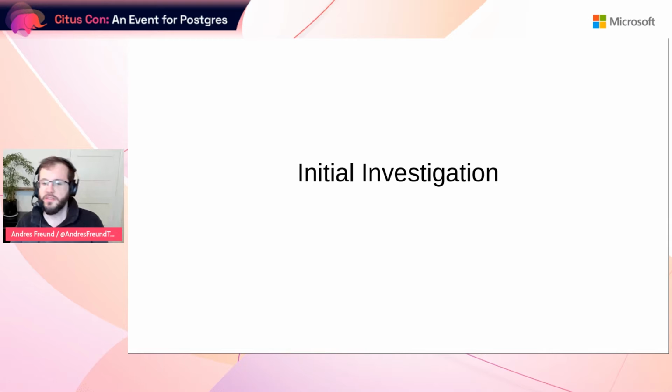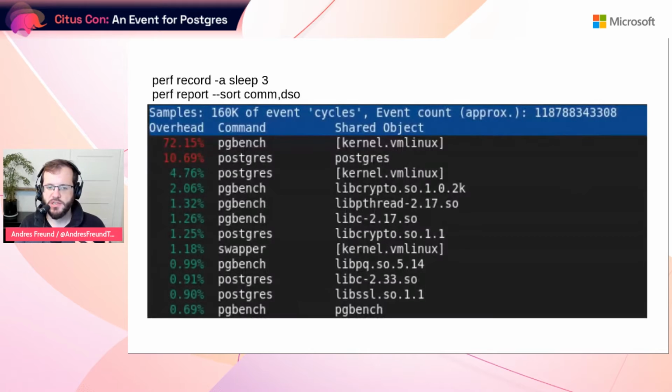Let's assume, and this is based on a real-world scenario, that we have a workload, and that workload is surprisingly slow. And it's slower the more connections there are. And we want to know why, because that is not good for fairly obvious reasons. The first thing to do is to run perf on the machine in a system-wide mode.